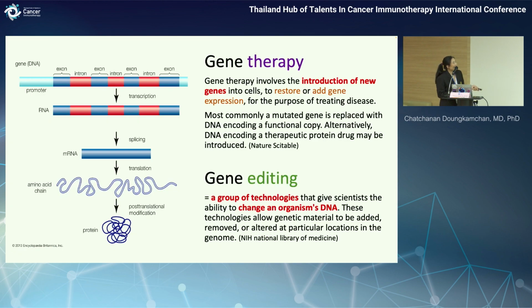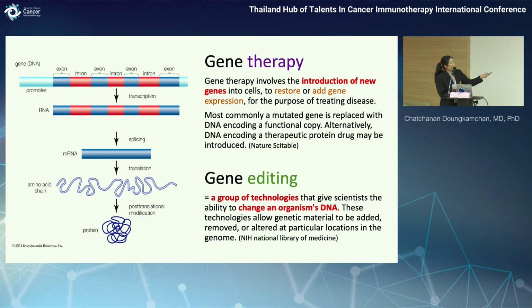All right. Okay, the definition of gene therapy and gene editing. So I'd like to begin with this diagram over here. This is the central dogma of biology, as you might have seen many, many times. The proteins are translated from the information of the mRNA, which is encrypted in the gene, which is the DNA.